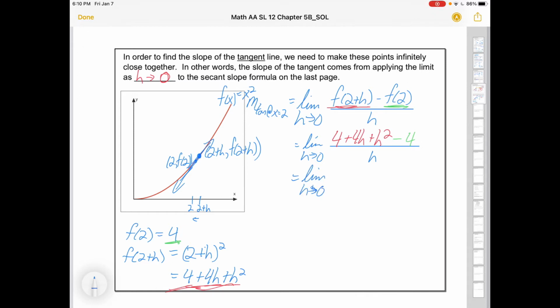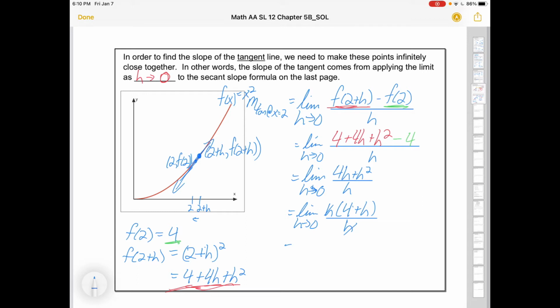You might notice on top the 4's and the negative 4 add to 0. So we get 4h plus h squared all over h. And I really should factor this before I start dividing out, because you don't divide out term by term. You divide out by factors. So there's a greatest common factor of h on top.